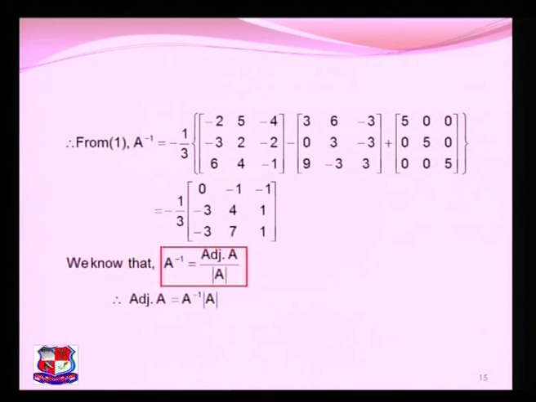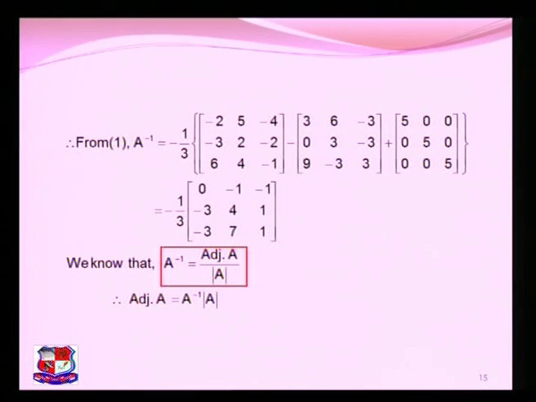Here we need to find adjoint of A, right? But here I have not found A inverse by the method of adjoint of A upon determinant of A. So I have directly the value of A inverse, that is minus 1 by 3 into [0 -1 -3; 4 1 -3; 7 1], right? And we all know that A inverse is equal to adjoint of A upon determinant of A, right? So the adjoint of A is equal to A inverse into determinant of A, right?